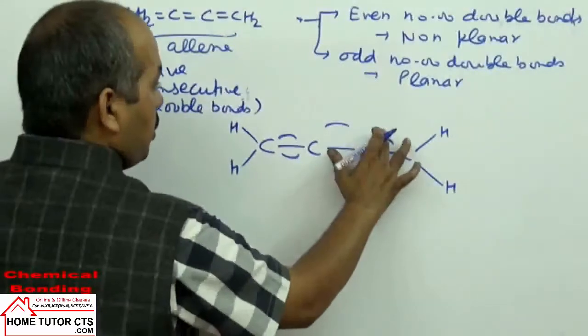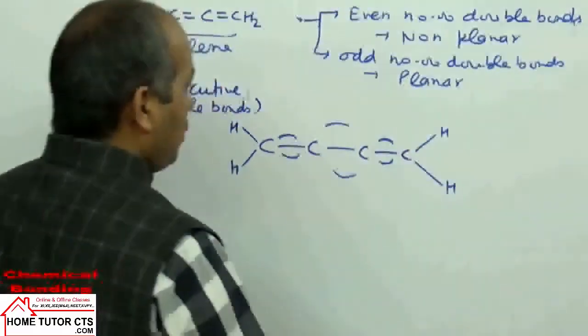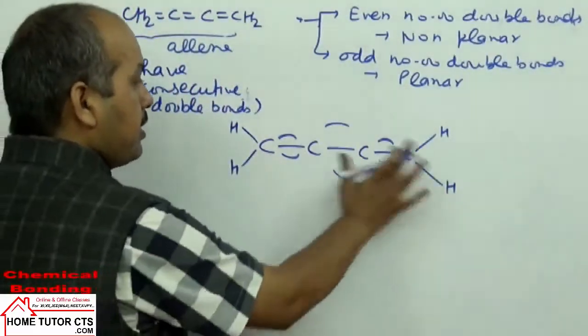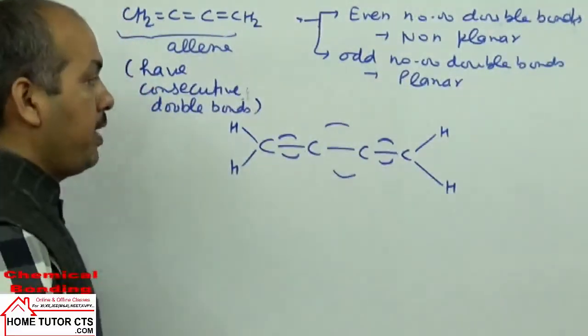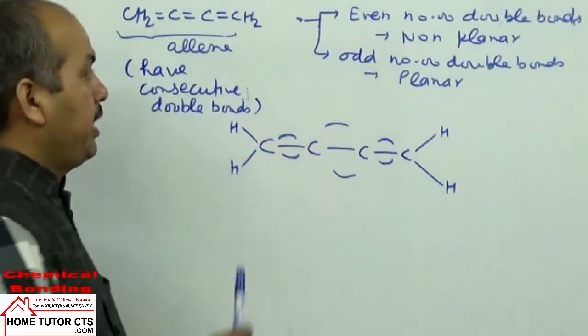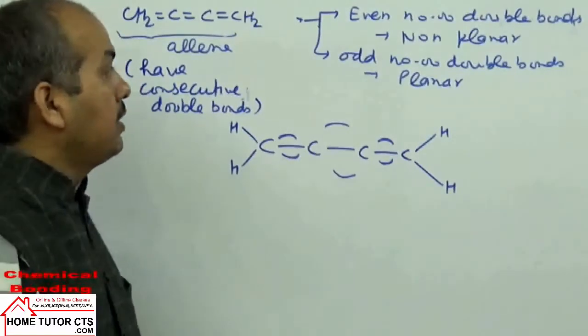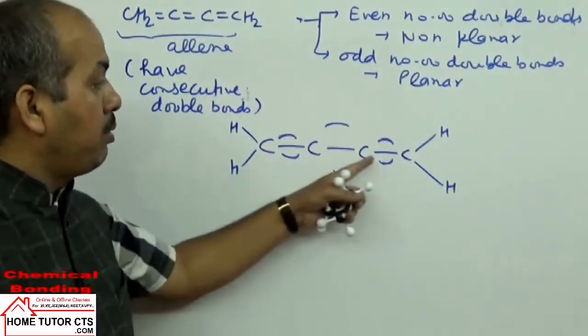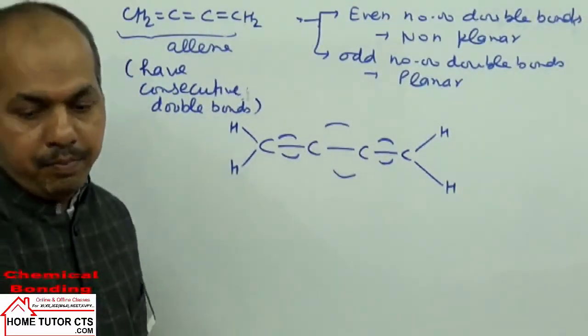So what happened? The group will come in the same plane. So all hydrogens are coming in the same plane, all the atoms become same plane. So this is an example of an allene having an odd number, 3, of double bonds. This becomes planar. कैसे हुआ?